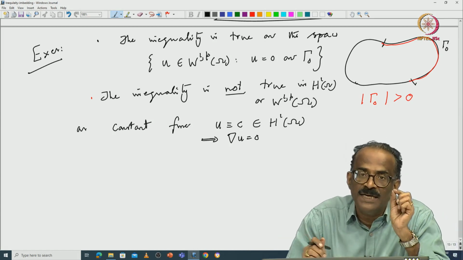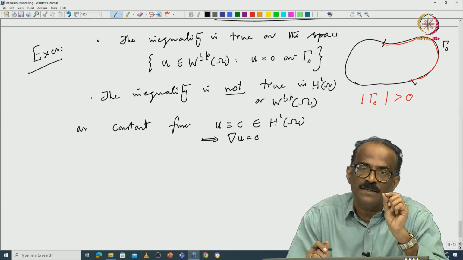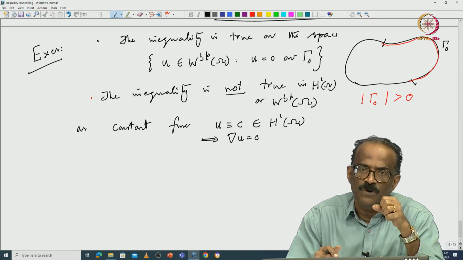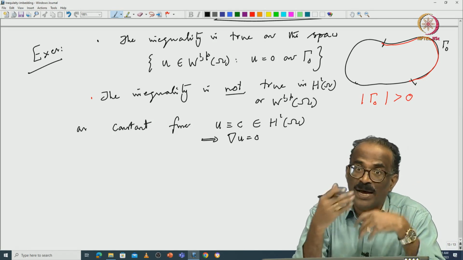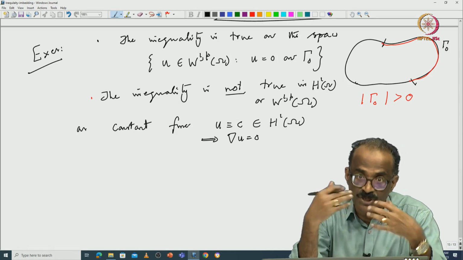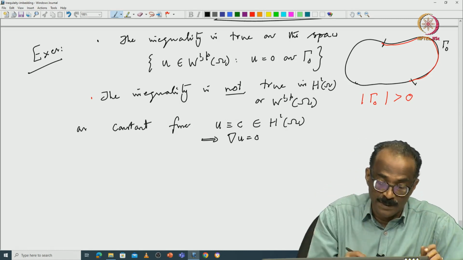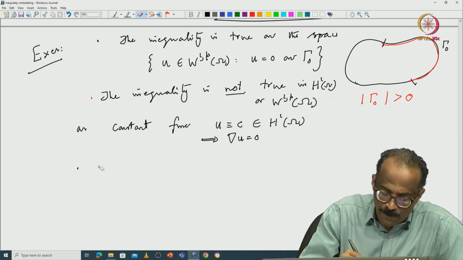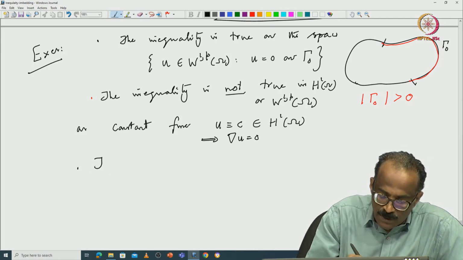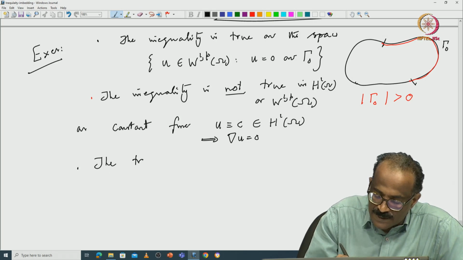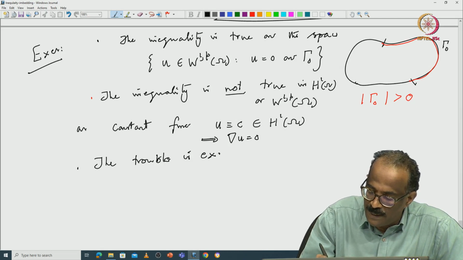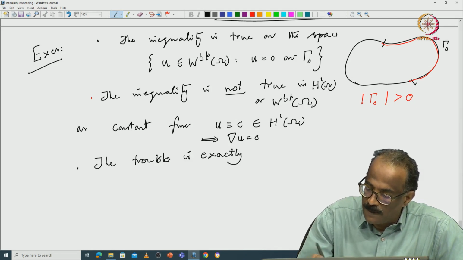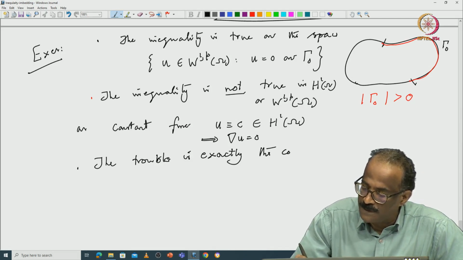The interesting point is that these constants are the only troubling terms. The trouble is exactly the constant functions. If you make an equivalence class and take the quotient space, you eventually get the inequality.